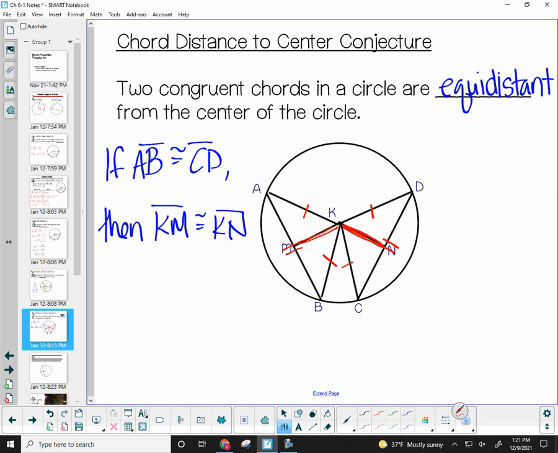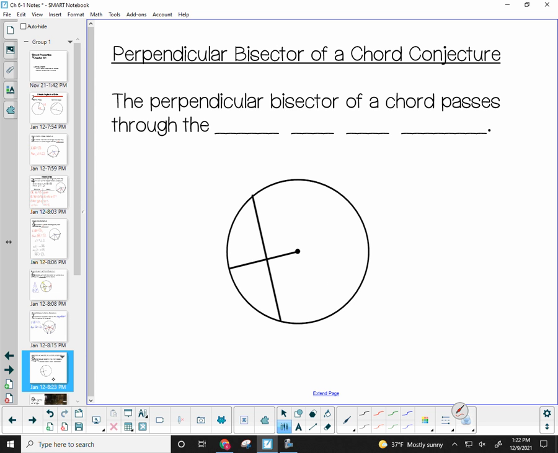All right, we've got one more. All right, last one. It says the perpendicular bisector of a chord passes through the center of the circle.